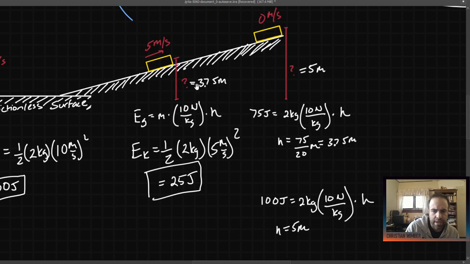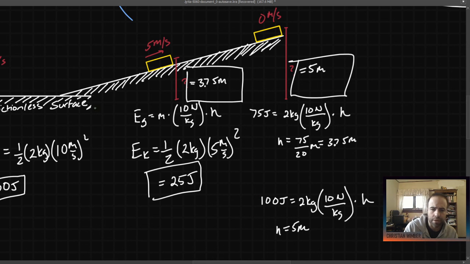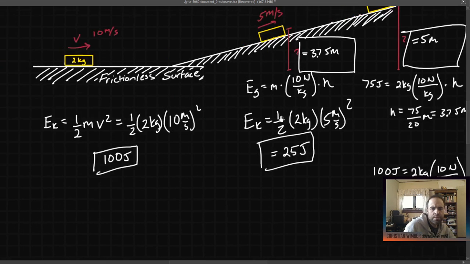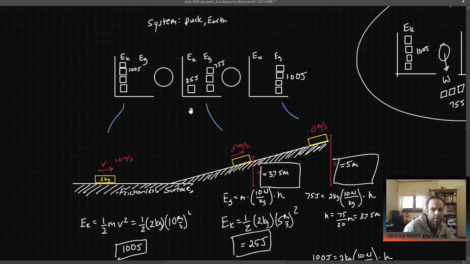Anyhow, so sorry, let's just highlight everything here. The final answers are, it will be going half its original speed when it's at 3/4 its final height, and then it'll be at its final height once it reaches this 5 meters, at no speed. It has 100 joules to start off with stored kinetically, but we move that over gravitationally.